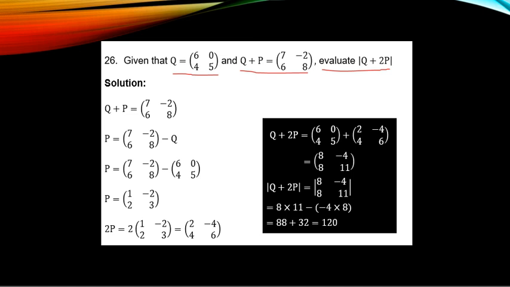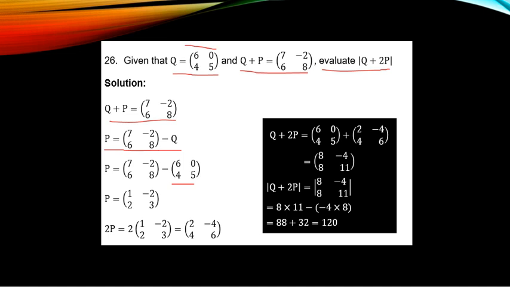You start from the one that contains matrix P, that is Q plus P equal to the matrix. For you to get P now, you have to transfer plus Q to the right hand side. So P is equal to the matrix minus Q. And what is matrix Q? This is matrix Q, which you put there to replace Q. So what you have now is subtraction of matrices.